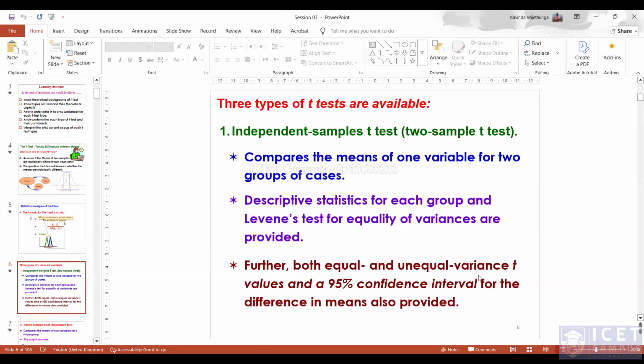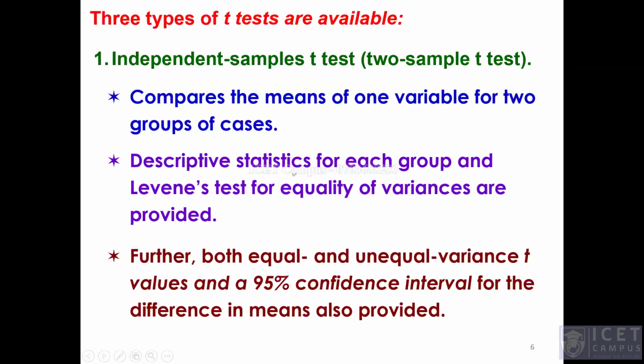There are three types of t-test. One is to compare the means of one variable of two groups of cases, right? So if there are two independent groups, for example, suppose you are conducting research.